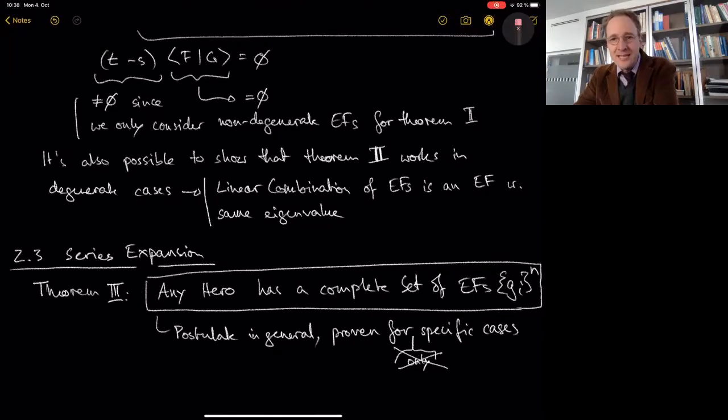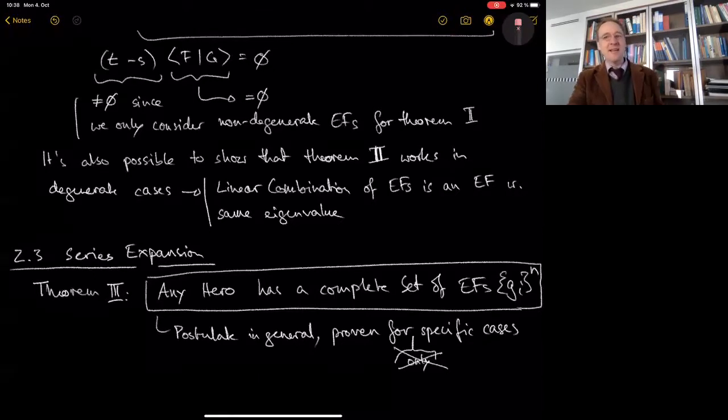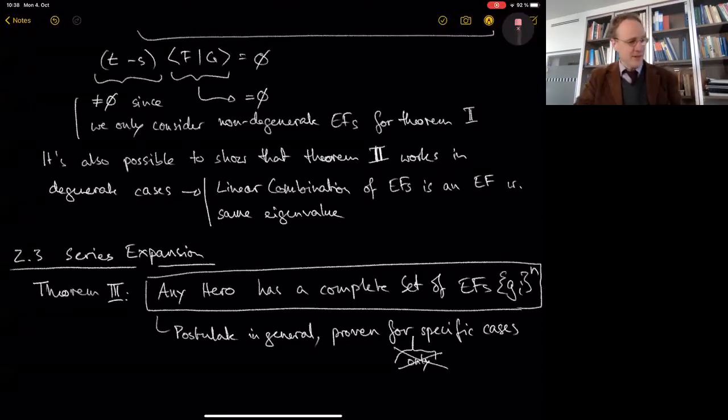There's not a single incident where they have been violated. And so that strengthens our confidence in them. But strictly speaking, it's still a mere correlation, if you wish. So that's why we call them postulates.